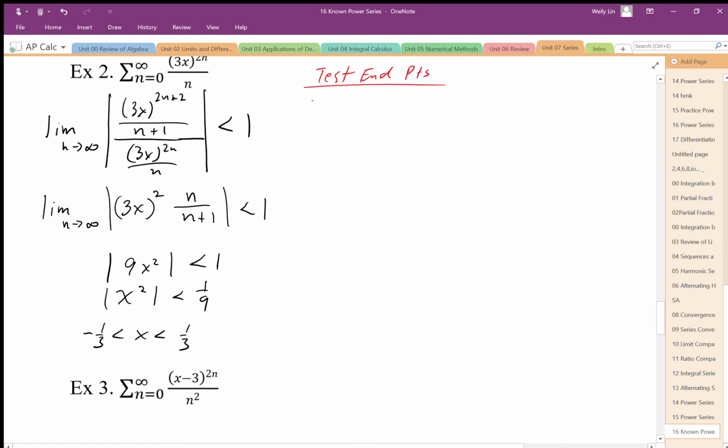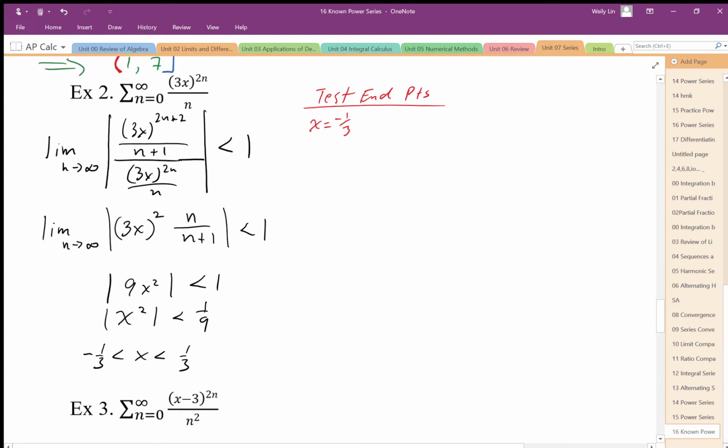So we're going to test x equals negative 1/3. What happens when we plug that in? When we plug negative 1/3 into here, this is our series. We end up with negative 1 to the 2n. Well, 2n is always going to be an even power, so that's always going to be positive. So this is not an alternating series, it's a harmonic series, so it's divergent.